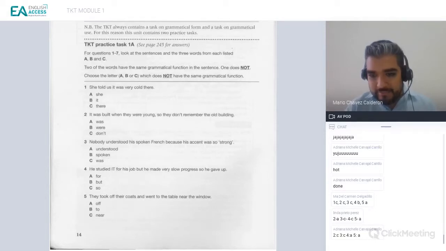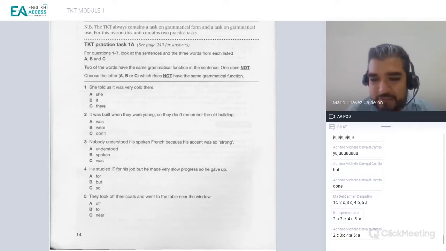You ladies don't have the same answers. Oh my God. Okay. Mari Carmen says CCBA, ACCA, CCAA. Oh my goodness. So the three of you consider number 5 is A, and number 3 is C. The probability is 4 and 2.